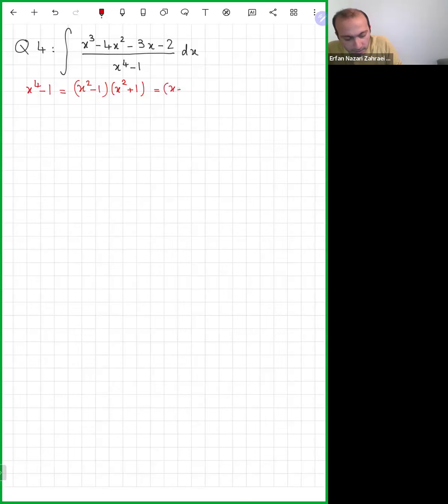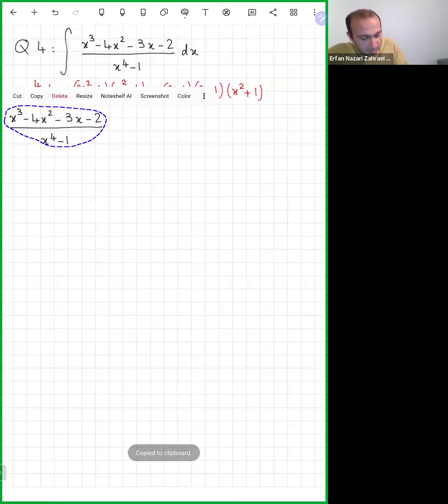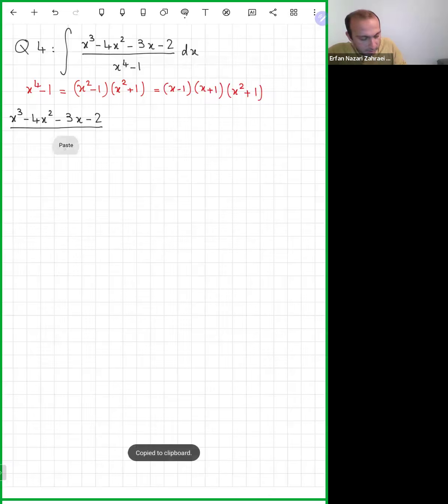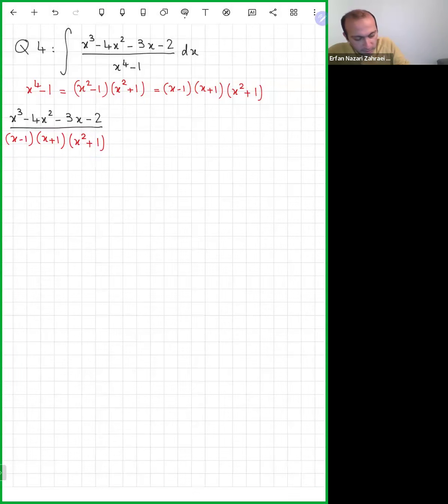I factor it again, x minus 1, x plus 1. But this one is irreducible, so I will keep it as it is. This is the denominator. Now I want to write down the partial fractions of this. In the denominator, now I have this after factorization.